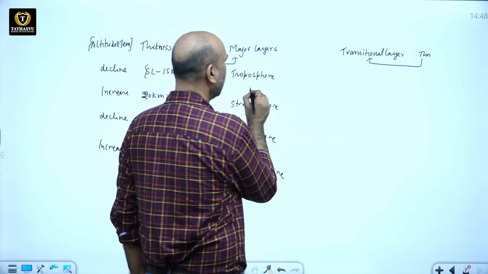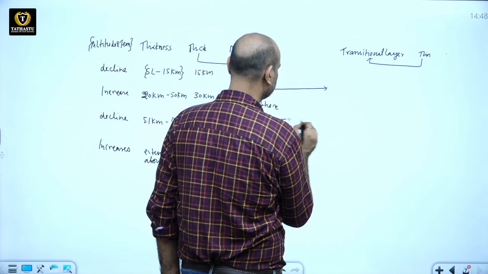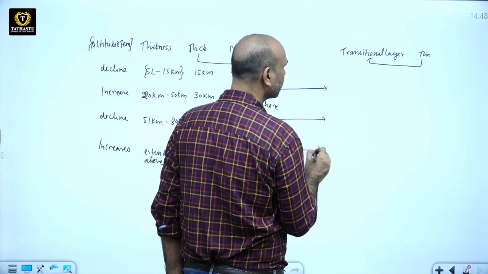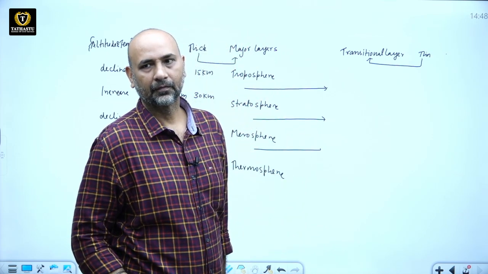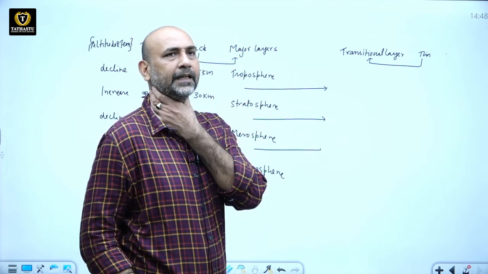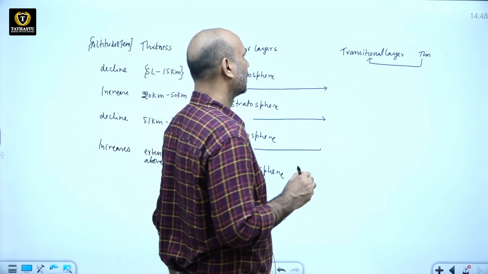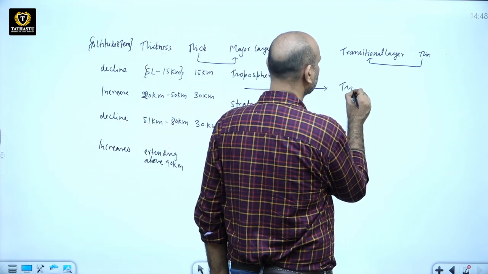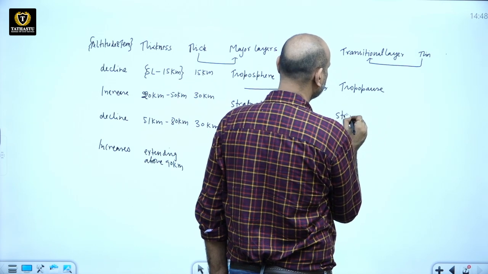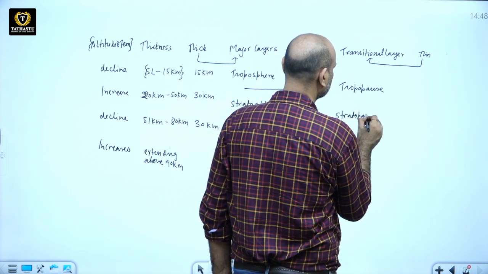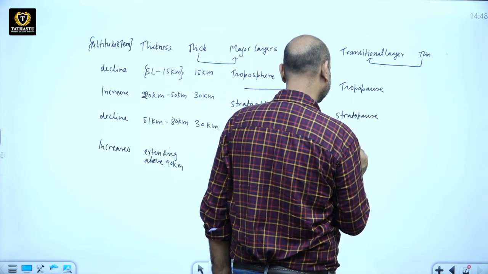In between we have transitional layers. Between major layers we have transitional layers which are thin. That is why thickness is not described. These transitional layers are known as tropopause, stratopause and mesopause.